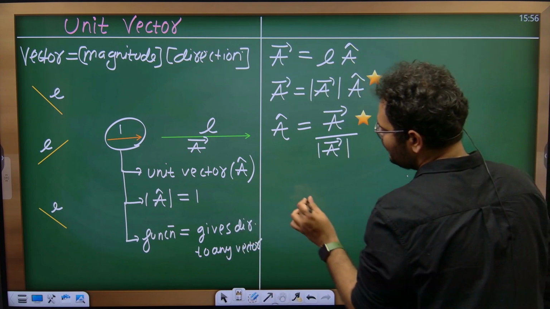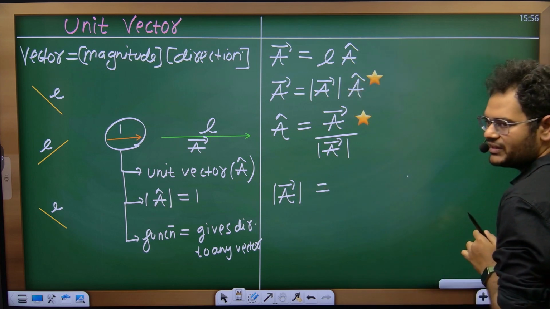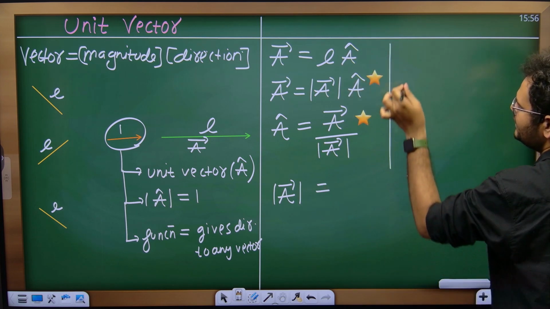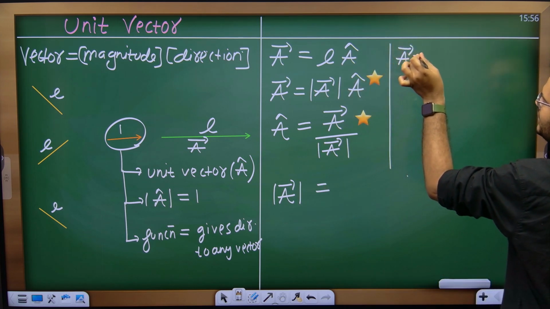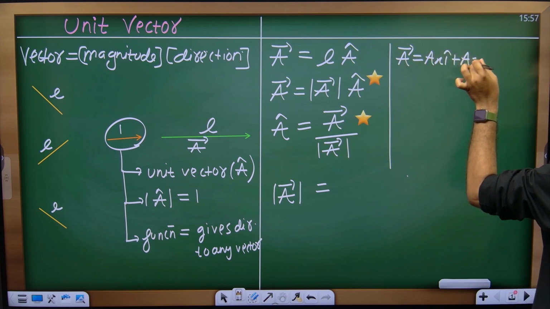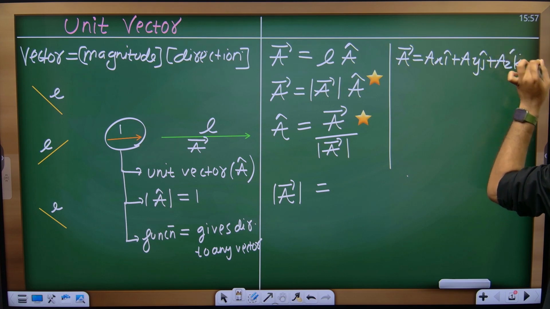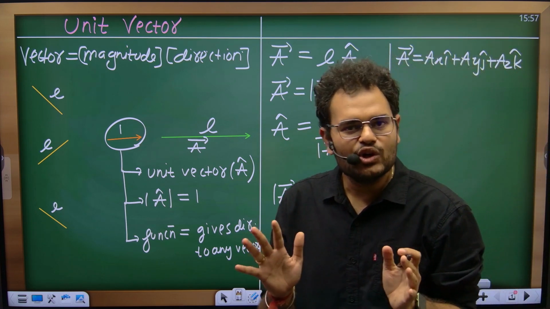Sir, one important thing, what exactly is the magnitude of a vector? Do we have a formula for that? Yes, we do. Let us say a vector is represented as ax i cap plus ay j cap plus az k cap. This is simply the rectangular component representation.